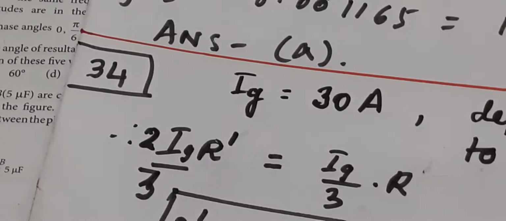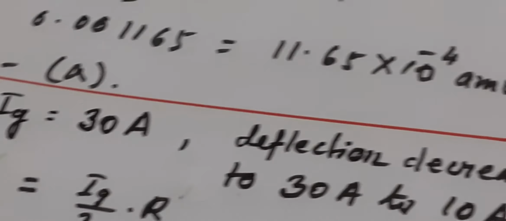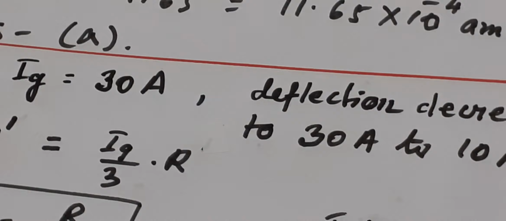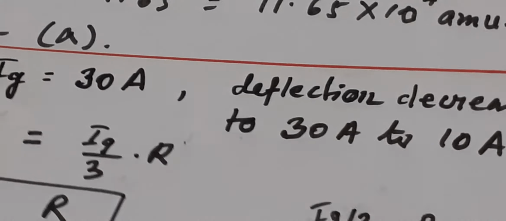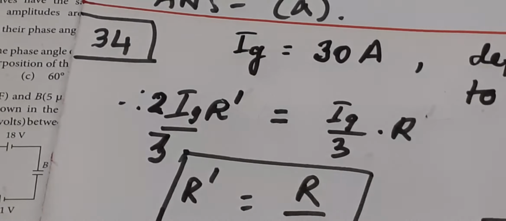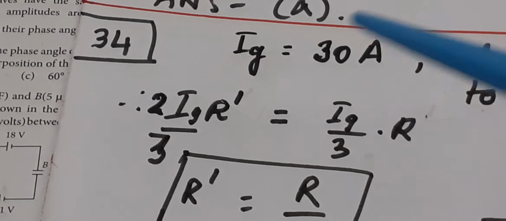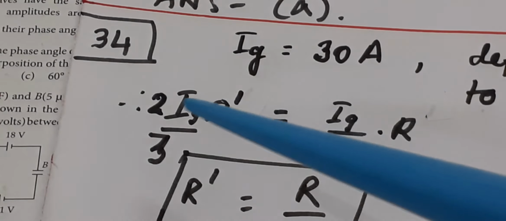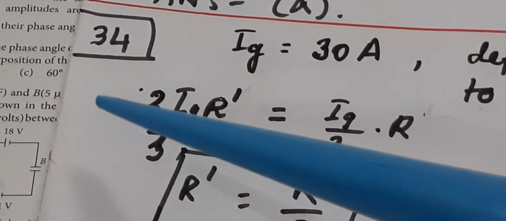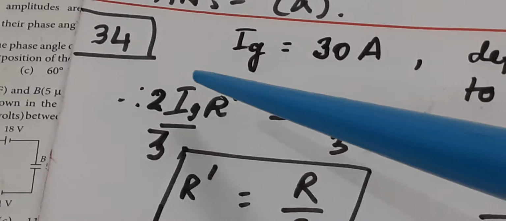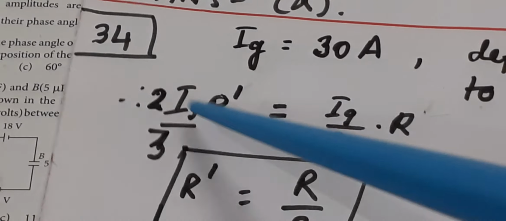That means initially Ig was 30 ampere, now we require a deflection of 10 ampere. That means we have reduced by 20 amps, I mean 2/3 Ig, and the new resistance through which the current will pass.